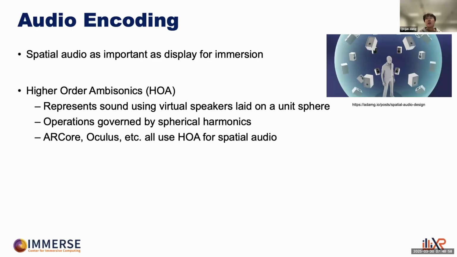You can see the more virtual speakers you have, the more fidelity you have, but also more computation cost that you have to pay. So there's a trade-off there. The good thing about HOA is it's widely adopted in many industry products such as ARCore and Oculus. So once you encode your sound into this HOA format, you can do all sorts of things with it.